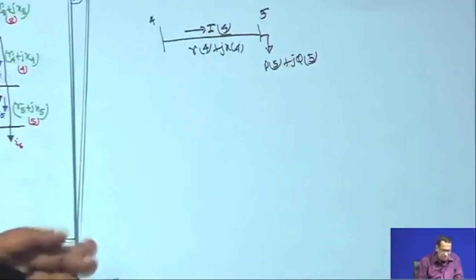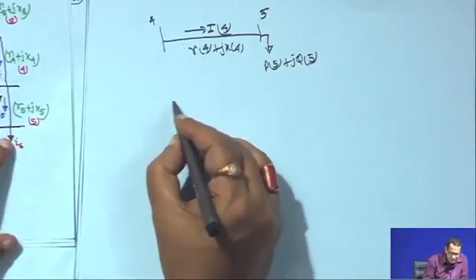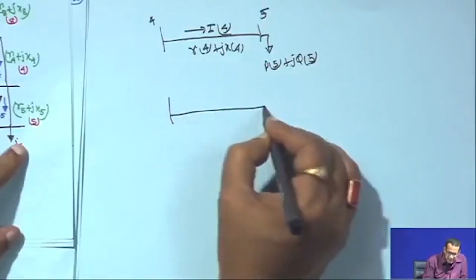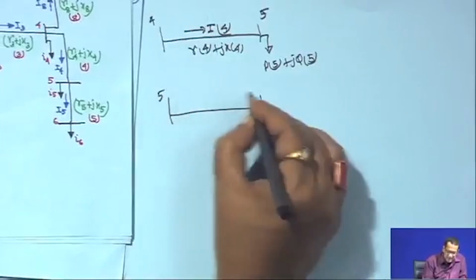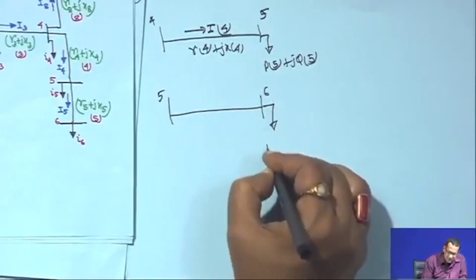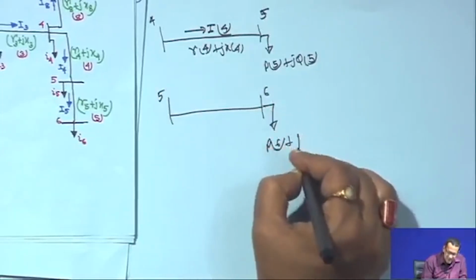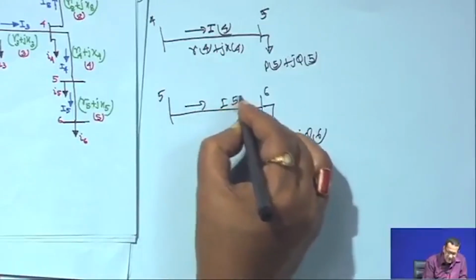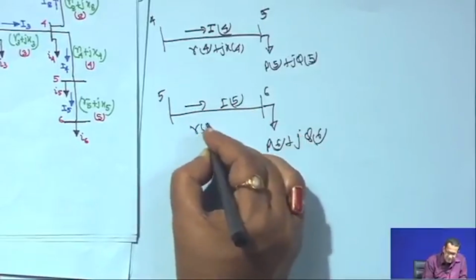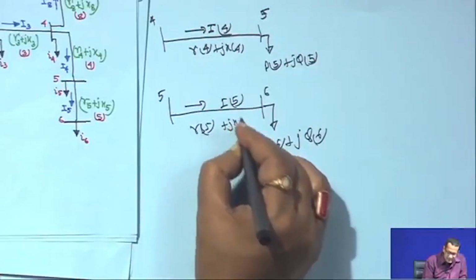Similarly, the last one, suppose you take the electrical equivalent of branch 5. It is 5 to 6, and the total load fed through this is P 6 plus J Q 6, the current flowing through this is I 5, and the impedance of this branch is R 5 plus J X 5.